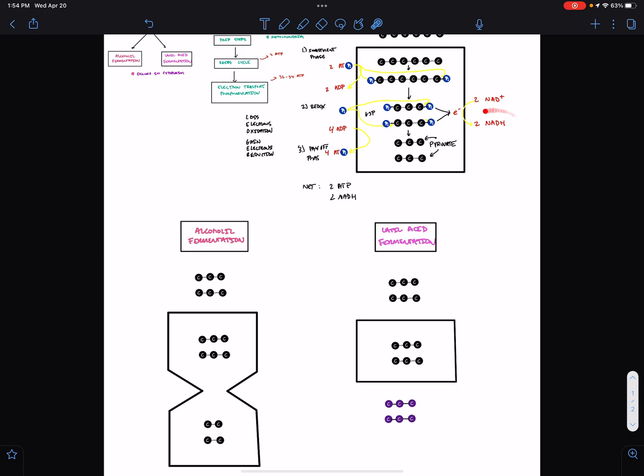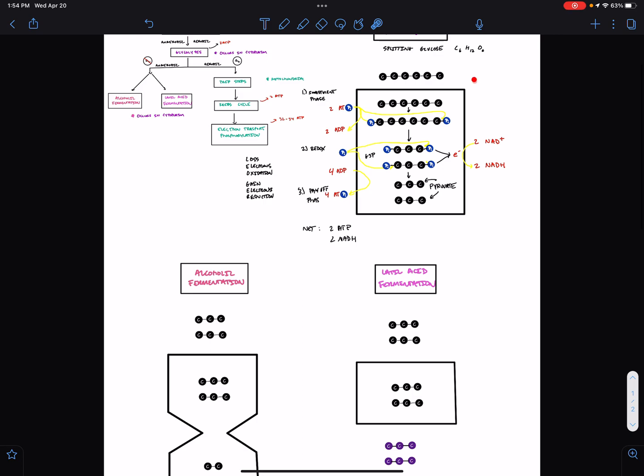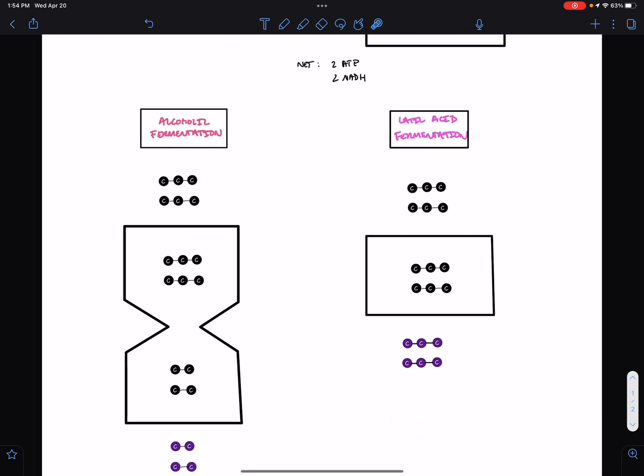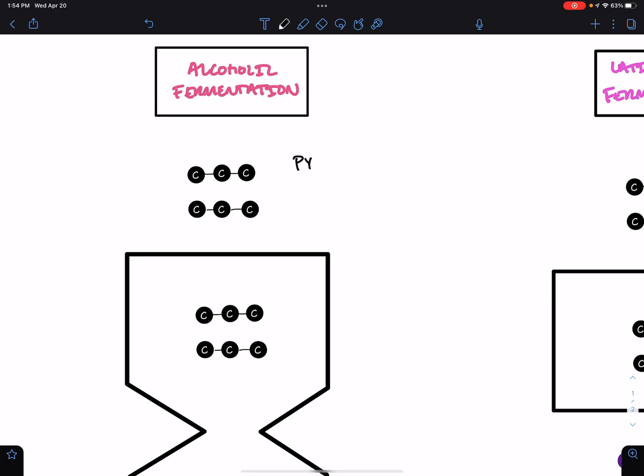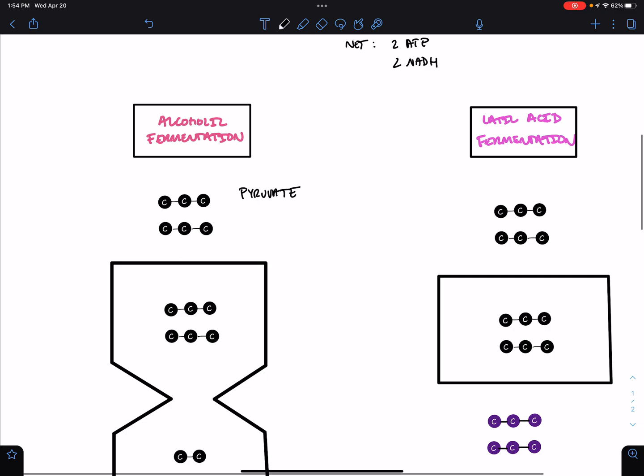It's going to pass off its high energy electrons and make more NAD+, so glycolysis can keep happening. Okay, so pyruvate enters either alcoholic fermentation or lactic acid fermentation. These 2 3-carbon compounds are both pyruvate.